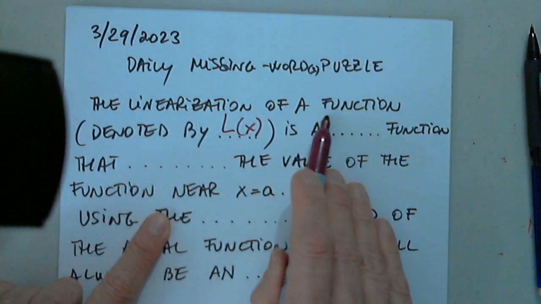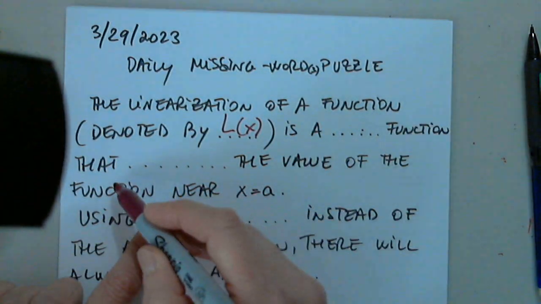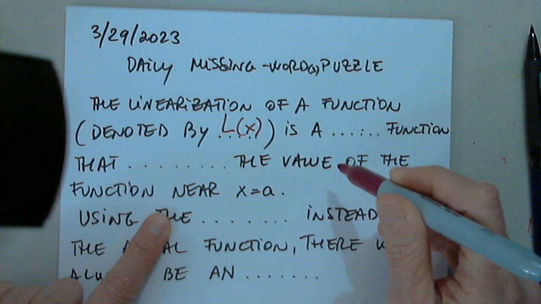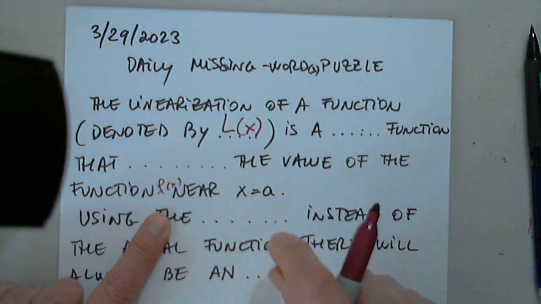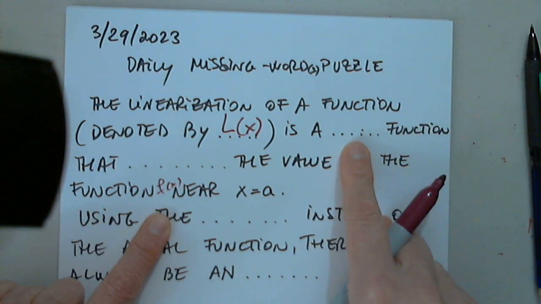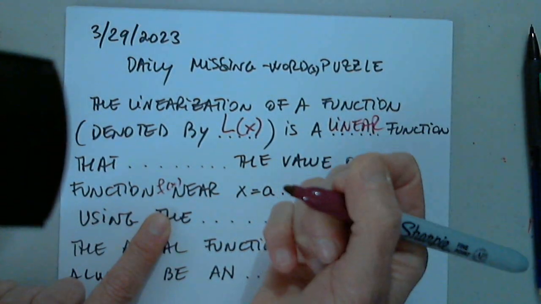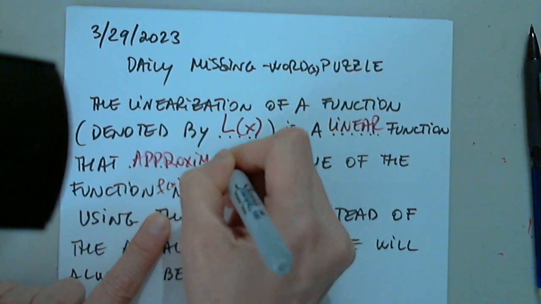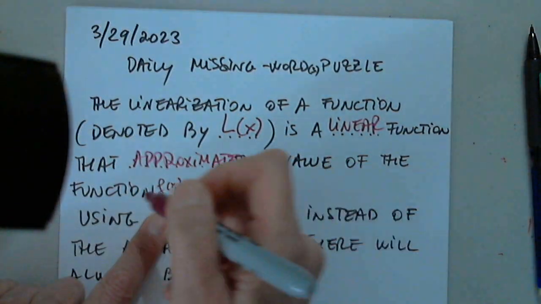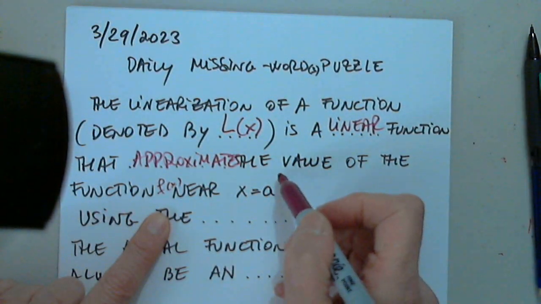The linearization of a function is a linear function that approximates the value of the function f of x near x equals a. Yes, that approximates. Very good. The value of the function, or approximates the function, it's the same thing.